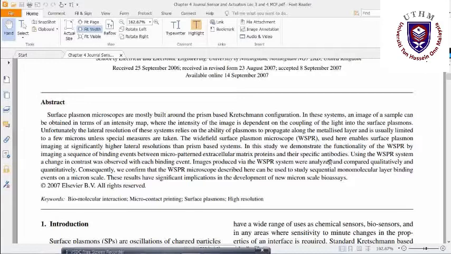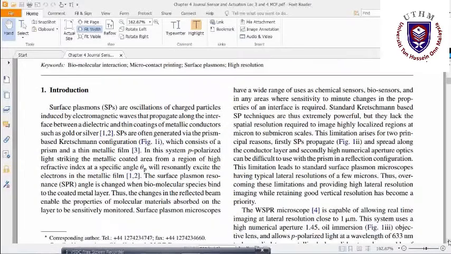Right. Moving on, what is surface plasmon? Surface plasmon is the oscillation of free electrons. How do you find these electrons on the prism? The prism is coated with a metallic conductor layer such as gold or silver.